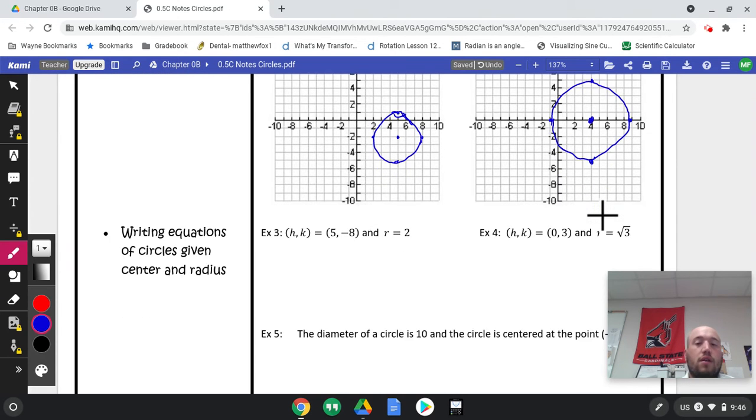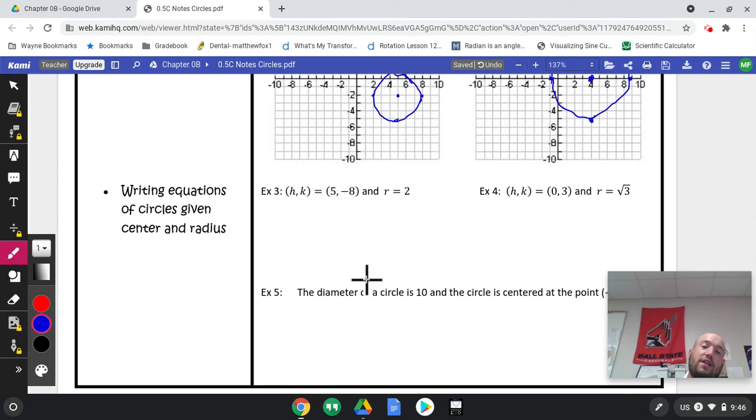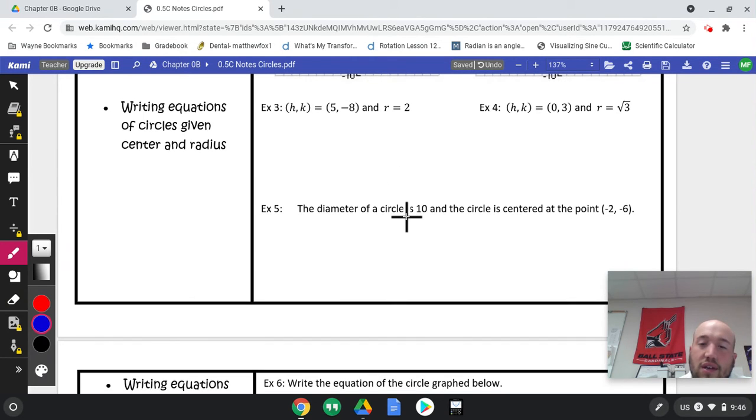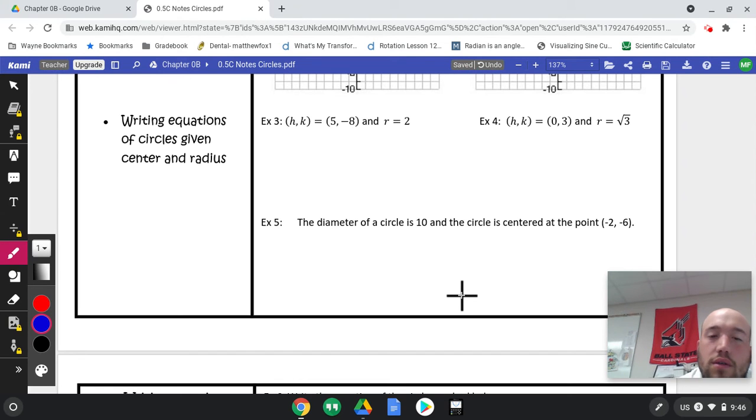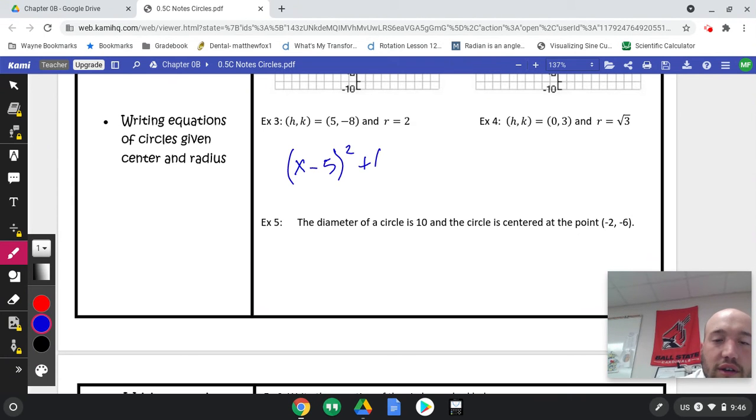Now, if we were trying to write an equation, sometimes we'll be given the information: here's our center, here's our radius, we want to write it. So all we have to do is (x minus h), so (x minus 5) squared, plus (y minus k), so (y minus negative 8) squared. If we minus a minus, that's the same as plus.